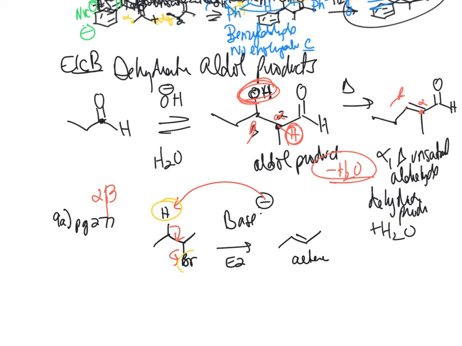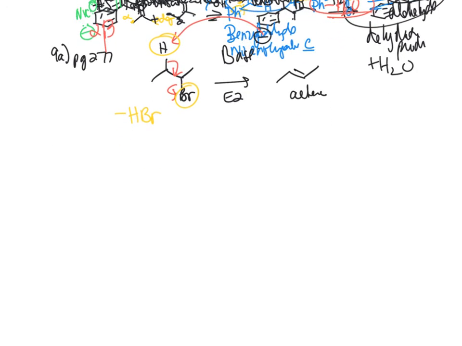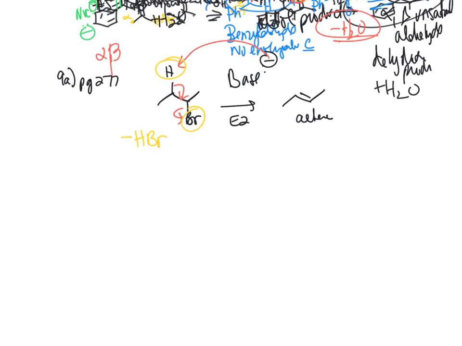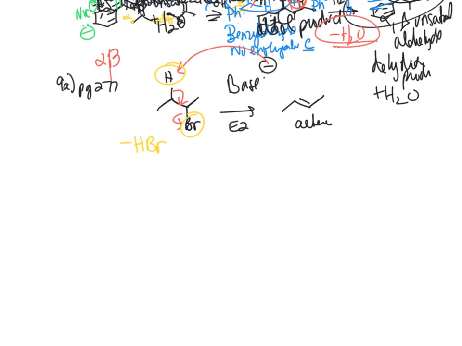H and Br. Okay, draw the mechanism. So that's the mechanism. You got 3 electron flow arrows. Compare this elimination in 9A to the dehydration product shown below.